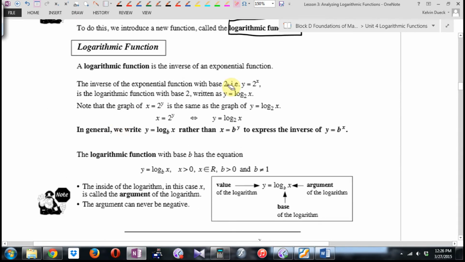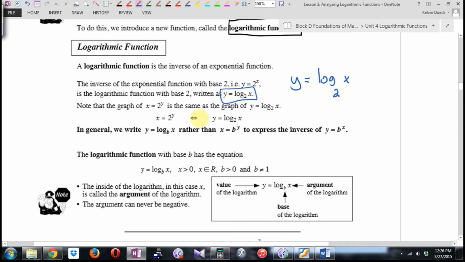The inverse of the exponential function with base 2, the inverse of y equals 2 to the x, is y equals log base 2 of x, which is also what we wrote here, but I hand wrote it just to show you how you handwrite it. Here's what this means.